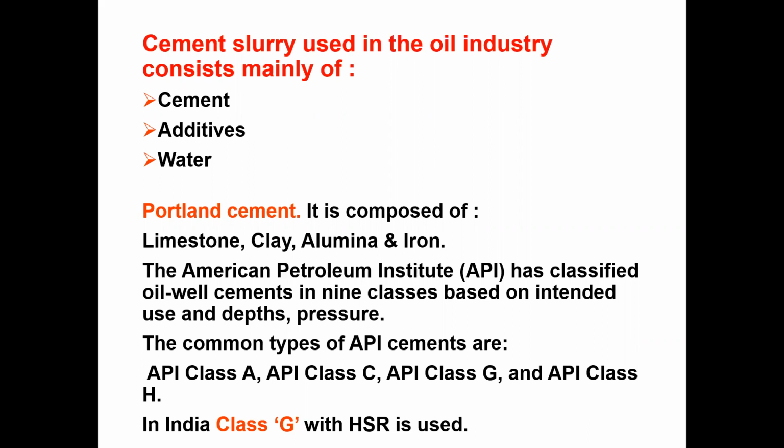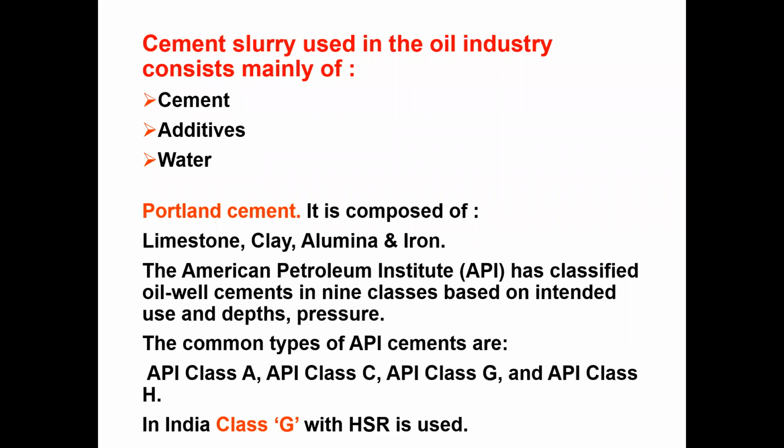Why do we use sulfate resistant cement? Because when we drill the well, sulfate ions are present in the formation water. When these sulfate ions react with normal cement, it forms a crystal which grows in size. That may develop cracks in the set cement. To prevent that, HSR is used.